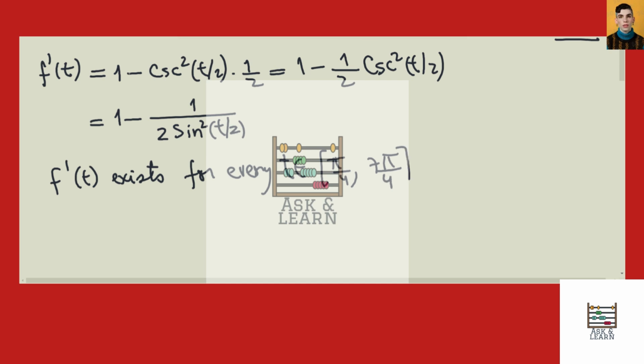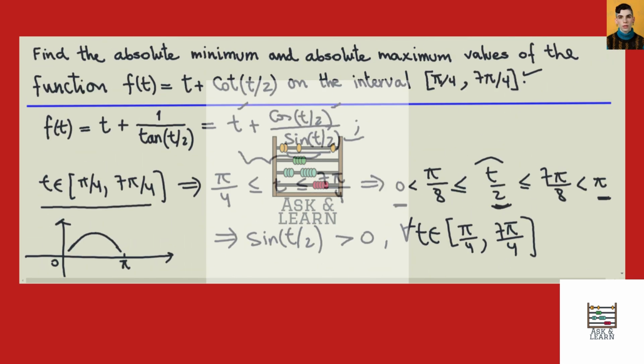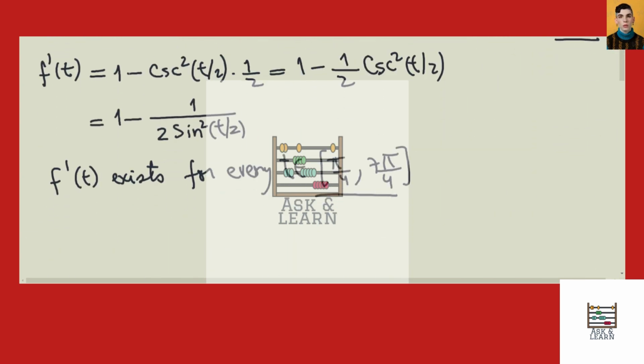And that's simply because the denominator, 2 sine square of t half, is never 0. And that's because sine of t half is not 0 for t in this interval, because sine of t half we studied over here. And we saw it's never 0 for t on the interval pi fourth, 7 pi fourth.